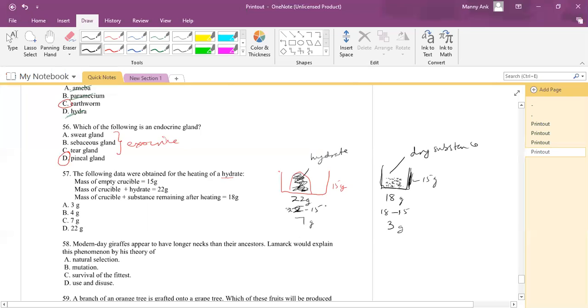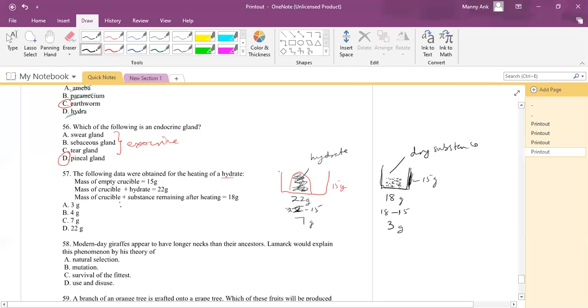So what is the weight of the water? I think I left the question out in this particular one. The question should be, what is the weight of the water?